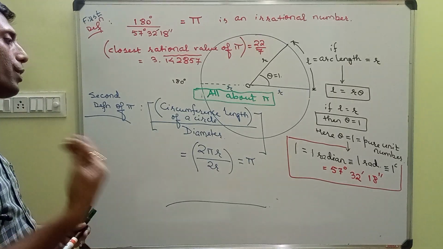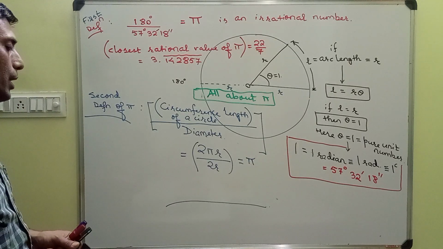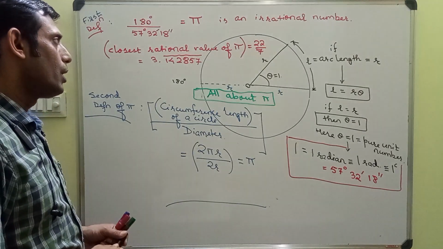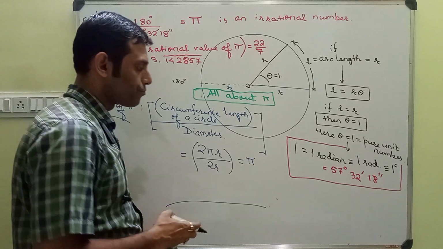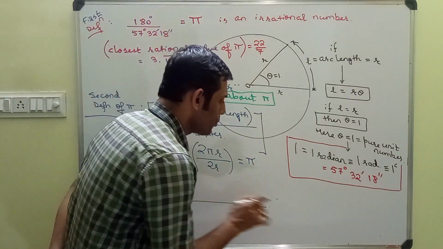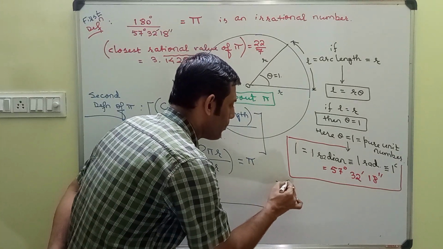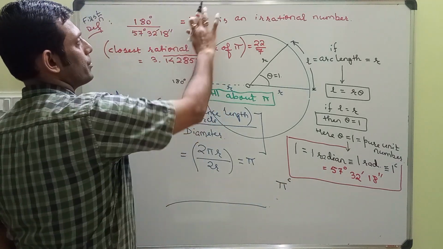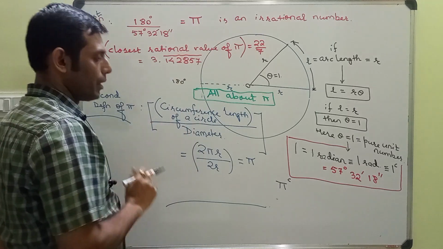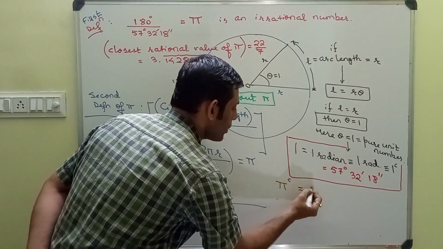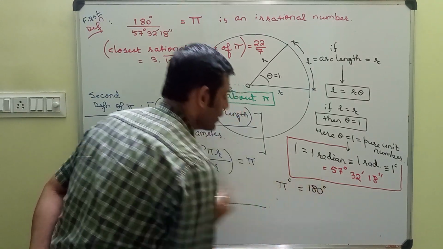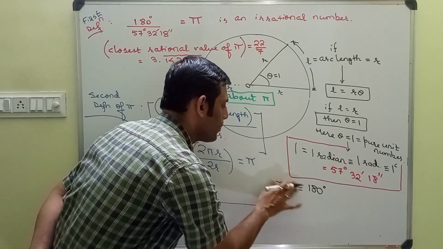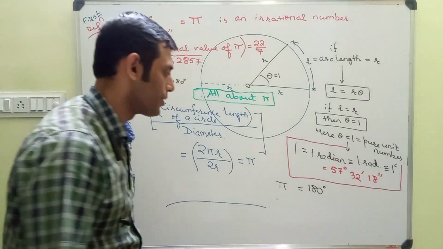So how do we go about converting degrees to radians and radians to degrees? It goes like this, dear. Suppose you say pi radians is equal to 180 degrees. Hence, I can simply say pi is equal to 180 degrees.